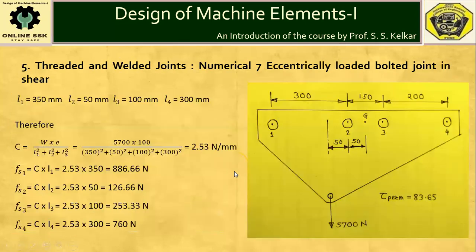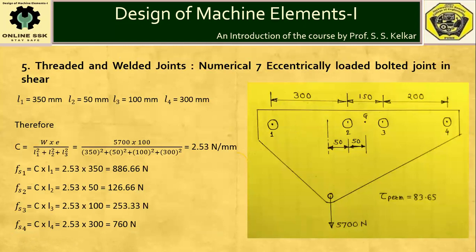So CG will be shown here, at a distance of 50 millimeters from board number 2, because its x coordinate is 350. From board number 1 to 2 is 300, and from board number 2 it will be at a distance of 50. So in total 350 is the x coordinate for center of gravity, y coordinate is 0.